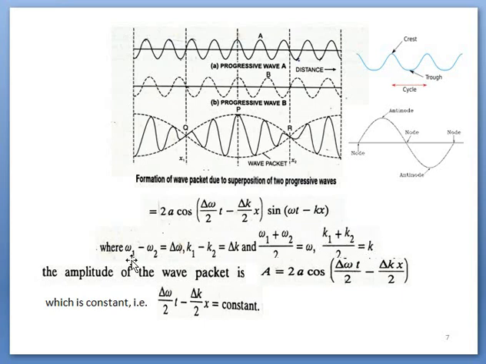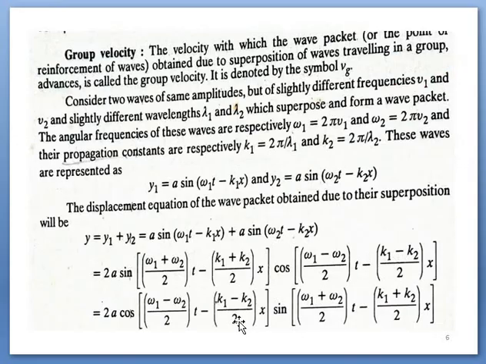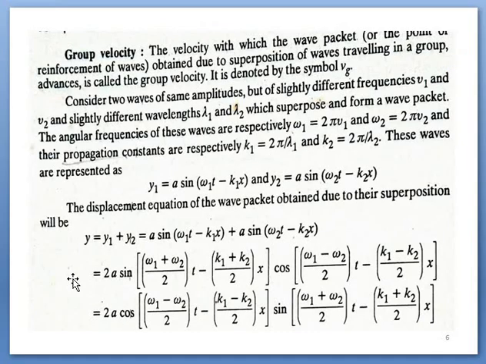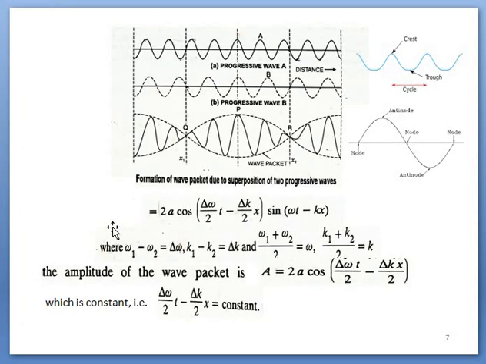By substituting these difference values and average values in this equation, we will have 2a cos((delta omega by 2)t minus (delta k by 2)x) sine(omega t minus kx). See, kx is written here. On the left side, we will have y. So it represents the resultant displacement equation.